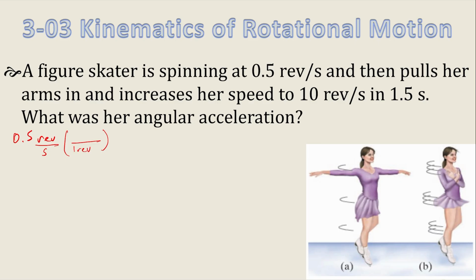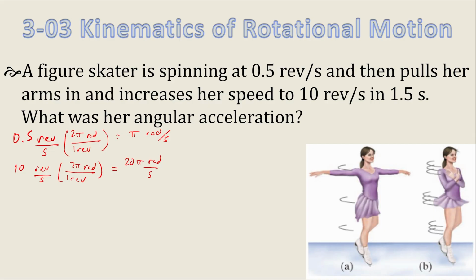One revolution is 2 pi radians, so half a revolution per second would be pi radians per second. And 10 revolutions per second, at 2 pi radians per revolution, would be 20 pi radians per second.